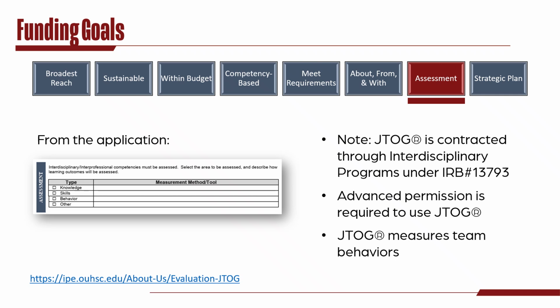JTOG is a contractual survey tool from Thomas Jefferson University used with an agreement through OU interdisciplinary programs. The IP office also houses the IRB for IP program evaluation and operates the instrument in REDCap. Seed grant projects can use the JTOG by requesting permission in advance.